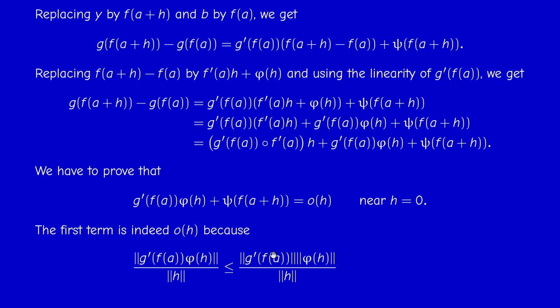Now, this is just a constant, actually. It doesn't depend on h. The norm of g prime of f of a is just a constant. And by assumption, phi of h is a small o of h, so the norm of phi of h over the norm of h tends to 0. So when I multiply by a constant, the result tends to 0. So this term is a small o of h. So we'll just focus on the second term.